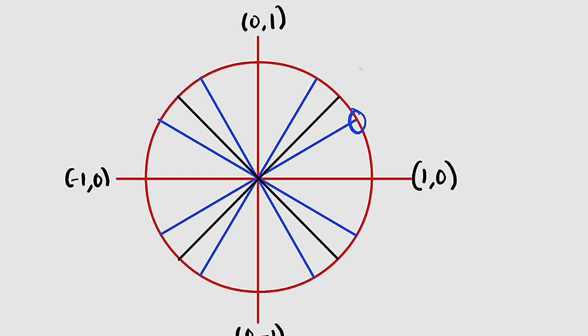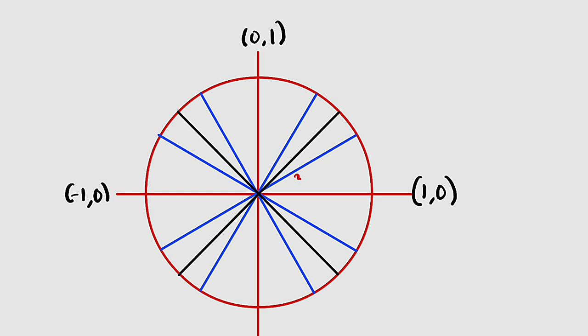So if you move to 30 degrees, remember this is 30 degrees, or what? Pi divided by 6. It is either 30 degrees or pi divided by 6. So the coordinate at that point is what? Root 3 divided by 2 and 1 over 2.